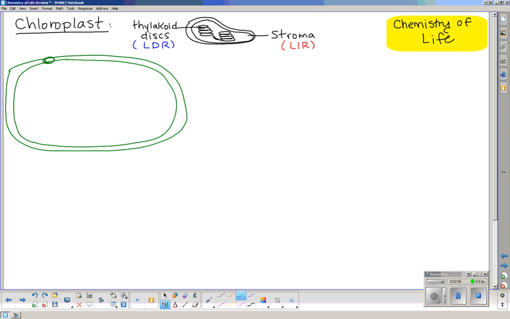This is a cluster of pigments. Chloroplasts have green color, and those pigments are from different kinds of accessory pigments, plus the main pigment, chlorophyll A and B. Light strikes this photosystem, and the electrons are excited.